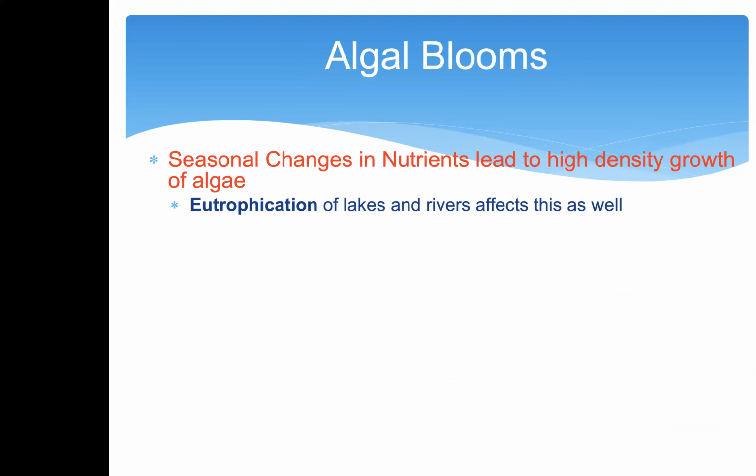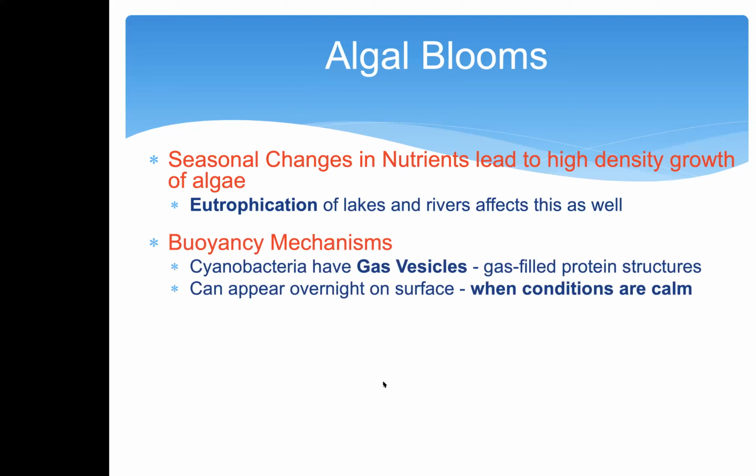And in fact, they often produce blooms in freshwater environments. One of the things that leads to algal blooms appearing near the surface is buoyancy mechanisms. Cyanobacteria produce something called gas vesicles, which are protein structures. They're not like little balloons, but they are structures that proliferate and have gas in them. So they cause the cells to be buoyant.